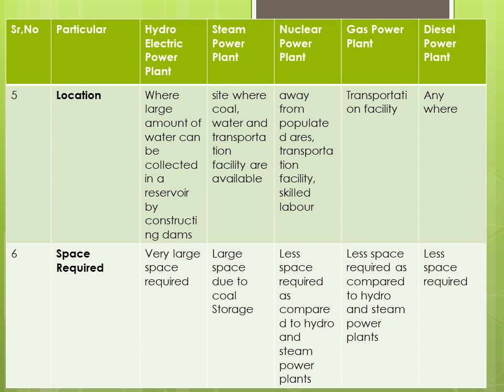Nuclear power plants are located away from populated areas due to radioactive waste. Transportation facility should be available and skilled labor is also required. For gas power plants, transportation facility should be there. Diesel power plants can be constructed anywhere because they are used as standby plants only.